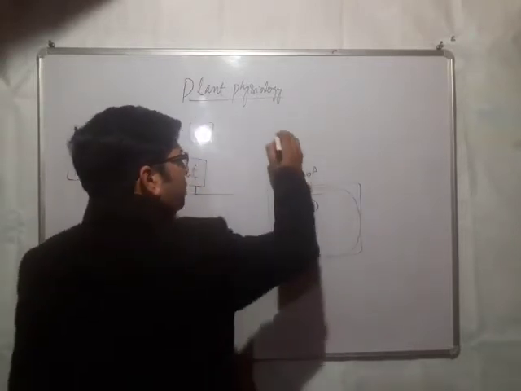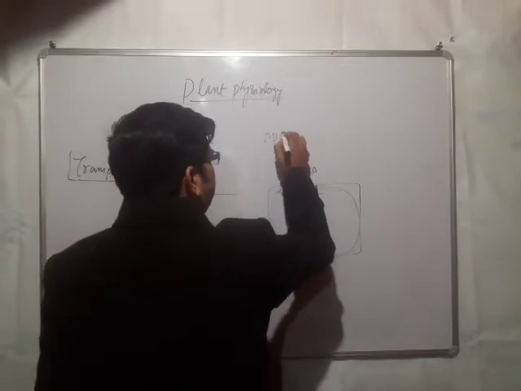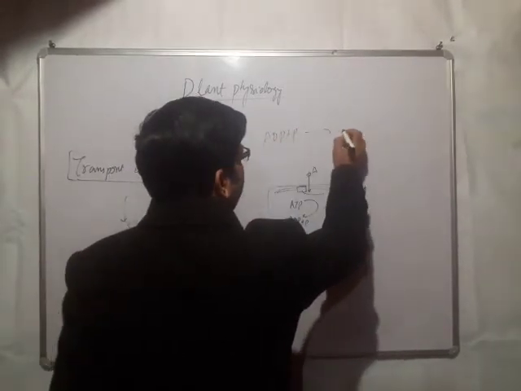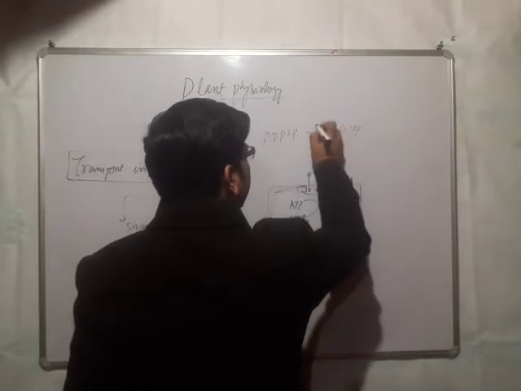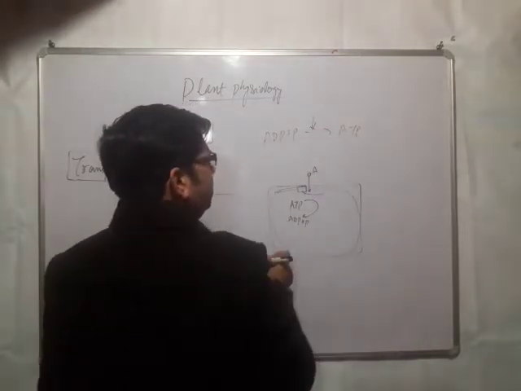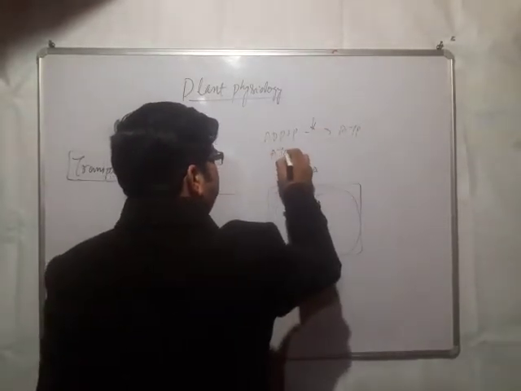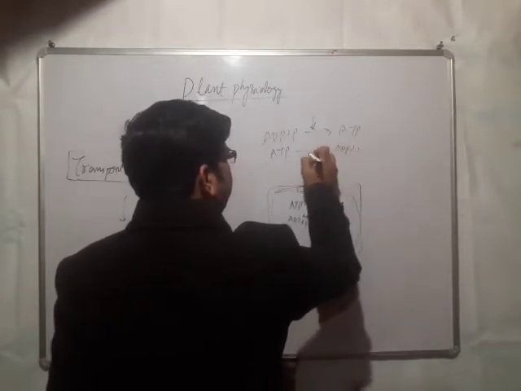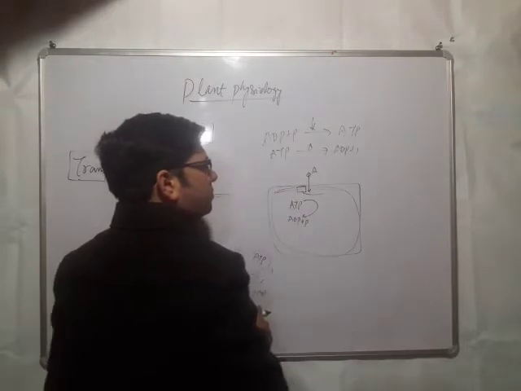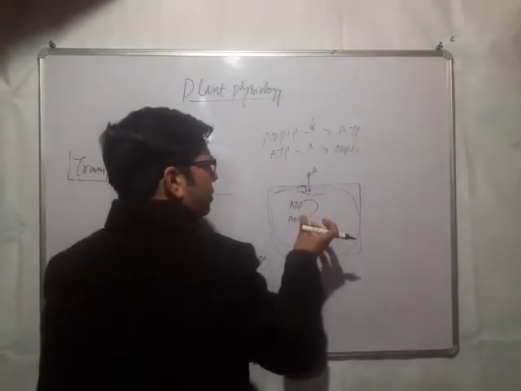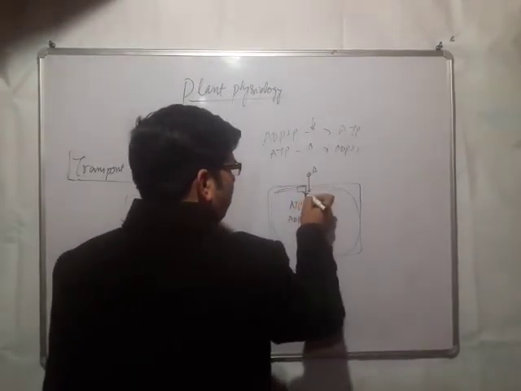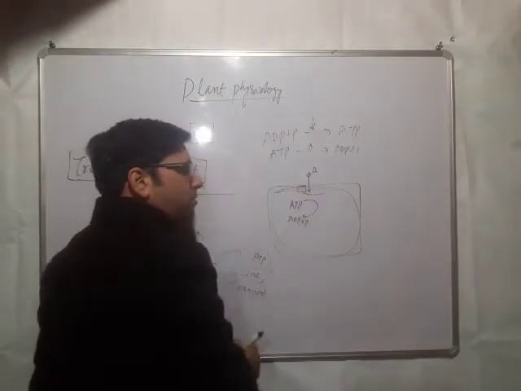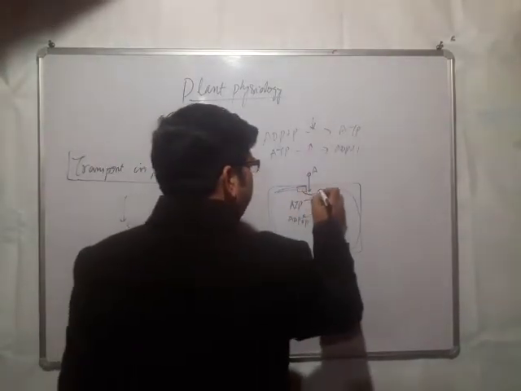When we make ATP from ADP plus P, there is a utilization of energy, but the reverse, ATP broken down to ADP plus P, releases energy. This energy is utilized in deforming or making this protein functional. It changes its shape in this way.